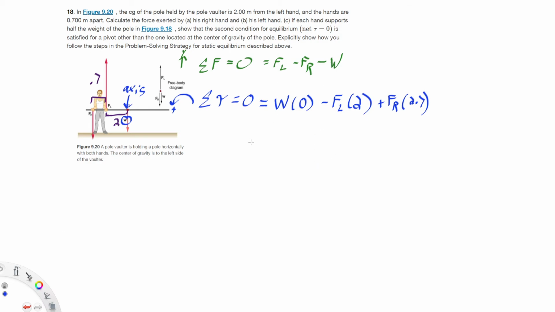So since it's applied at a distance of 0 from the axis of rotation, that does 0 torque. So we end up saying that 2.7 FR minus 2 FL is equal to 0. And now, looking back for a moment at the green equation, I think it's convenient to say, well, FL is equal to W plus FR.